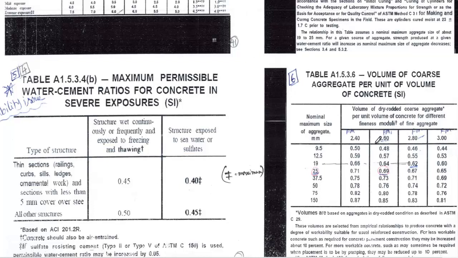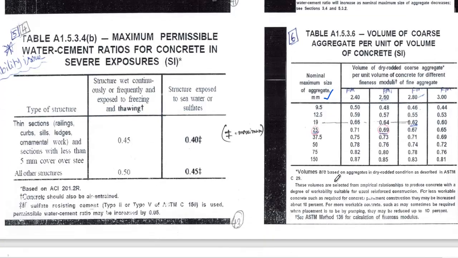Based on the FM and the maximum size of aggregate, you can get the volume percentage. Through this volume percentage or ratio, you can calculate how much coarse aggregate volume is needed for 1 unit meter cube of concrete volume.